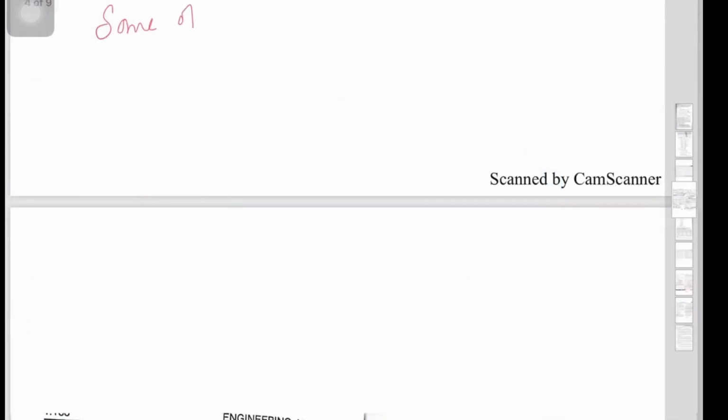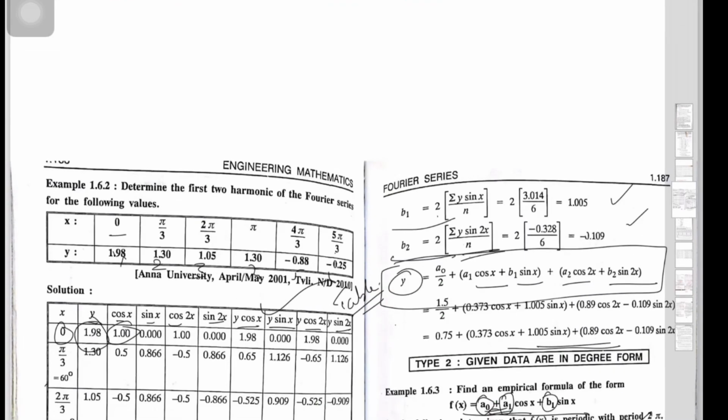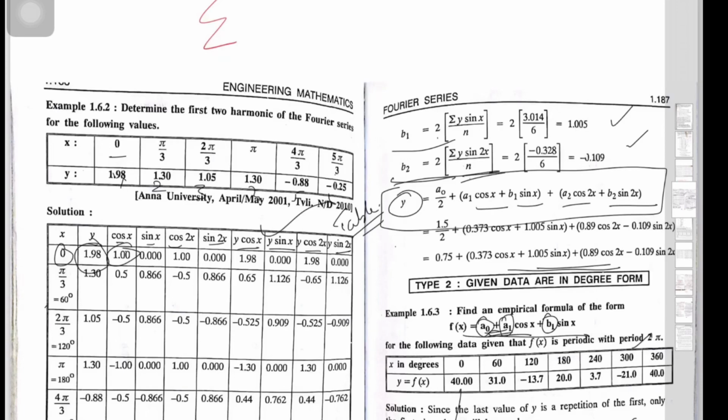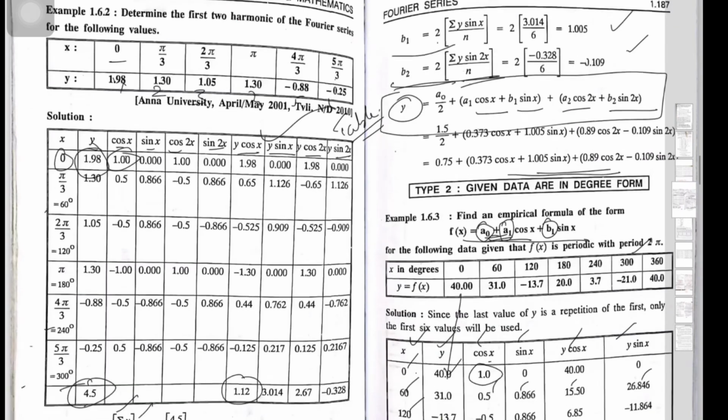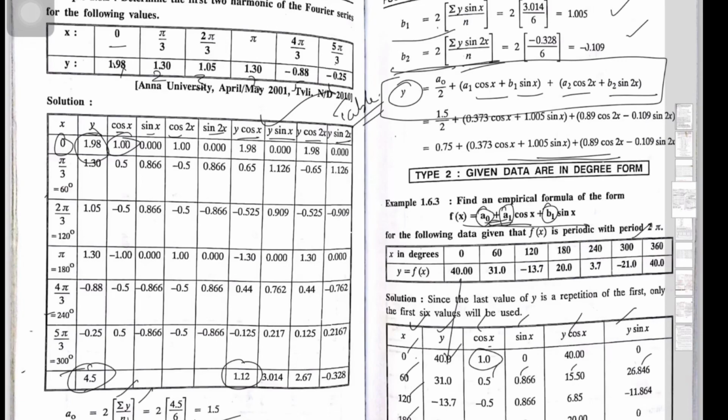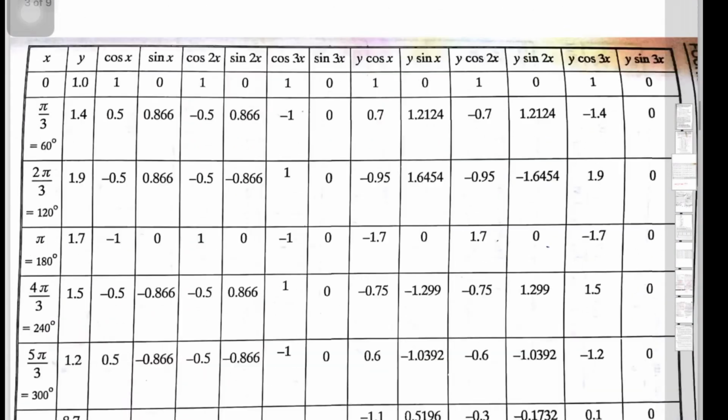Some of the common doubts after this session are: when you do the summation of sigma, do we take the 2 pi value? Let us take one particular question.